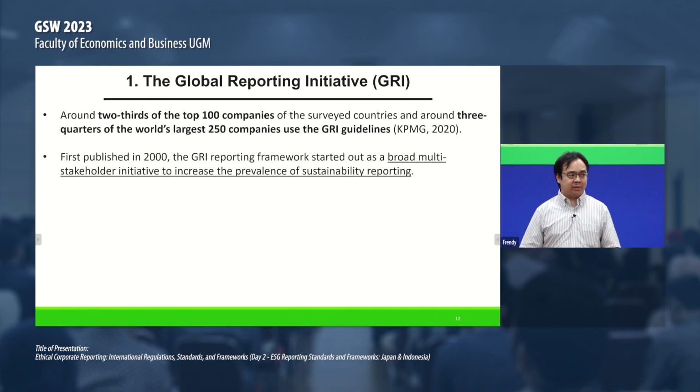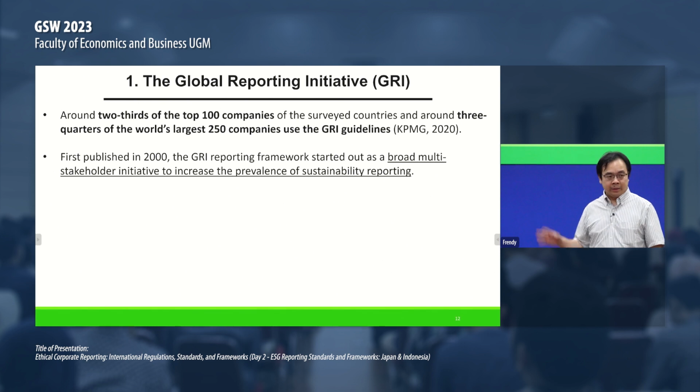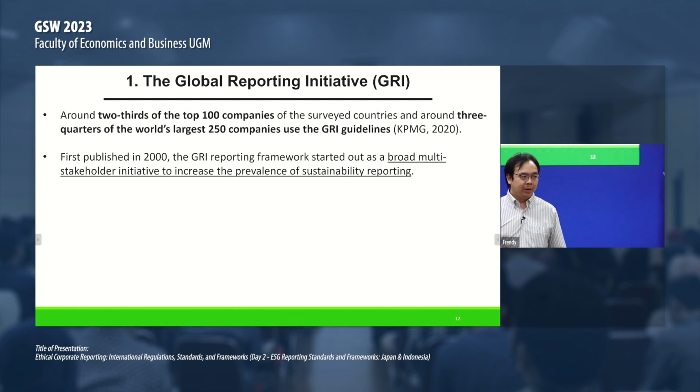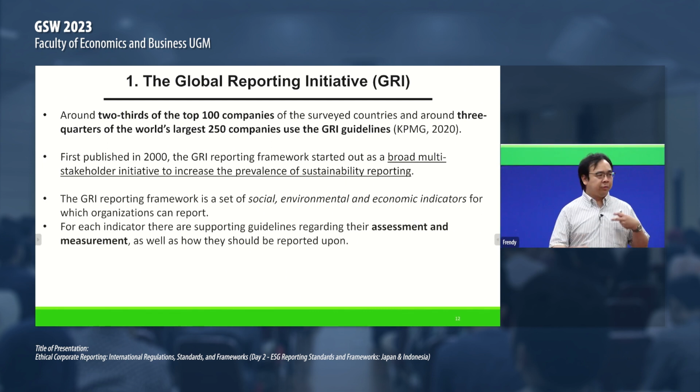When was this standard developed? It was first published in 2000. Okay, so as you can see, today is 2023, so it's been 23 years since this standard was developed. And it has gone through several revisions.